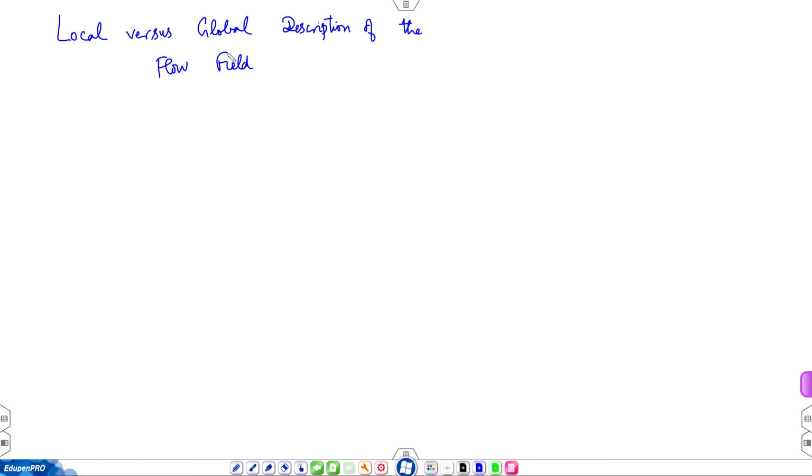So, it is quite natural to probe a little deeper into the subject and ask, why do we have these details? Those can come only when you look at the details of the flow field. So, that is the motivation behind asking this question of local versus global description.